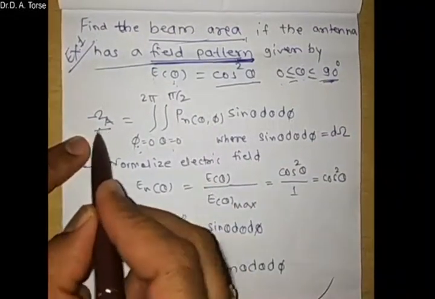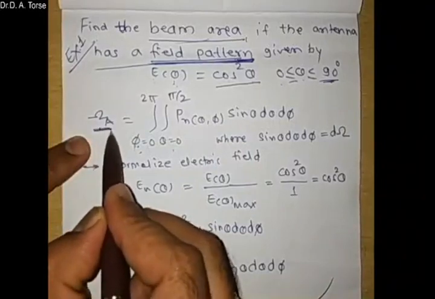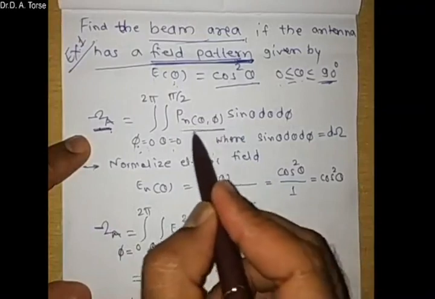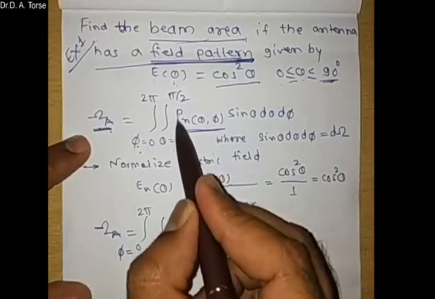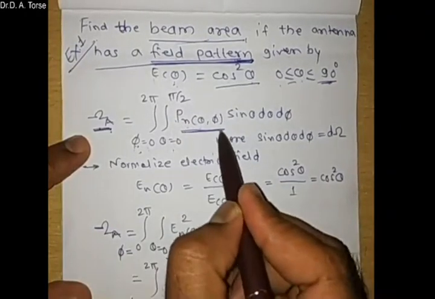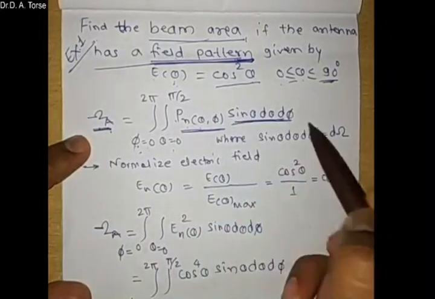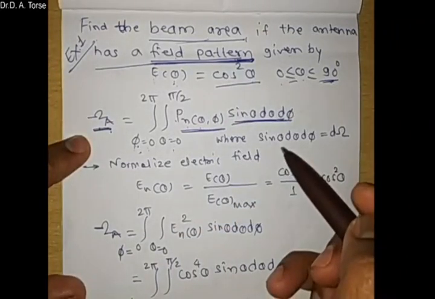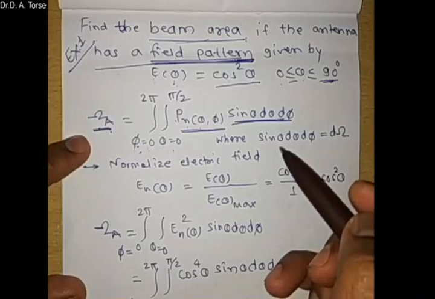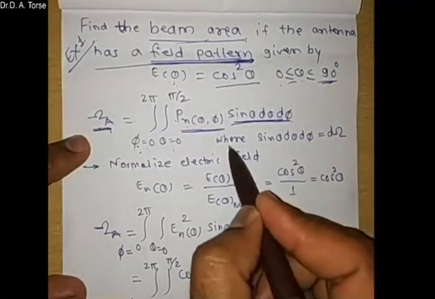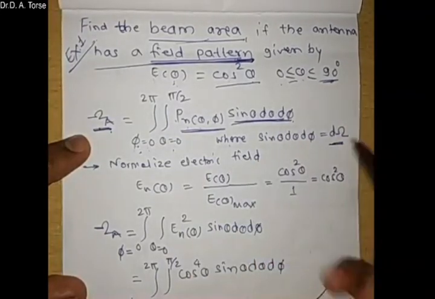But in the calculation of omega A, beam area, the term considered inside the integral is normalized power, which is function of theta comma phi, multiplied by d omega. D omega, as I mentioned earlier, is the incremental area subtended by a small region dA. Sin theta d theta d phi is d omega.